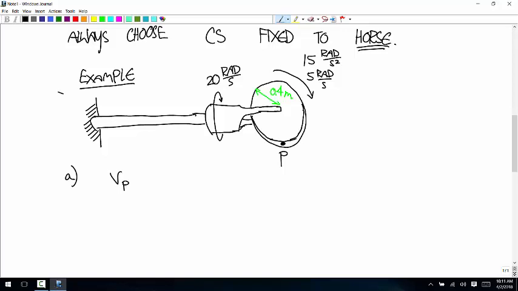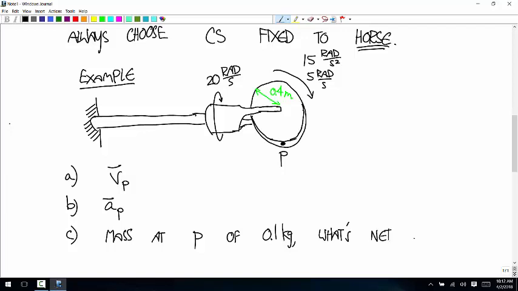We want to calculate the velocity of that point P and the acceleration of that point P. And then we might as well say, just to be explicit about why we would normally want to calculate this stuff, that there's a mass at P of 0.1 kilograms, with force acting on that mass.